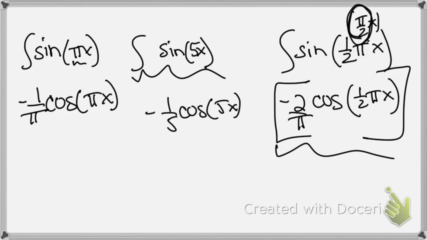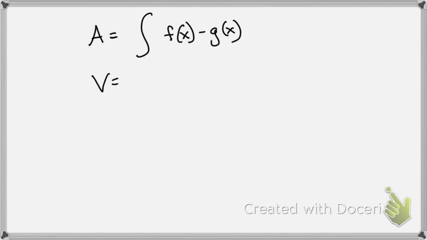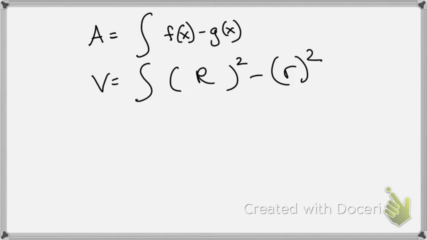Okay? So to summarize your different formulas that you're going to need. Area is just the length between the curves, top curve minus bottom curve, and integrate. Okay? Volume, if there's any space between the shaded region and the axis of rotation, then it's big R squared minus little r squared, and integrate.